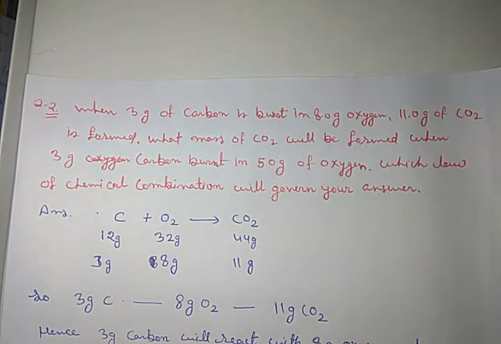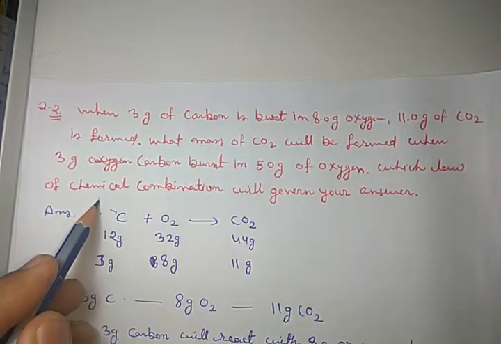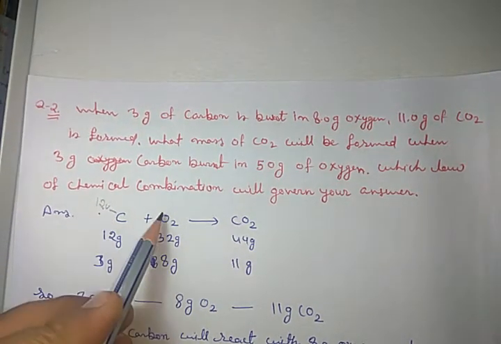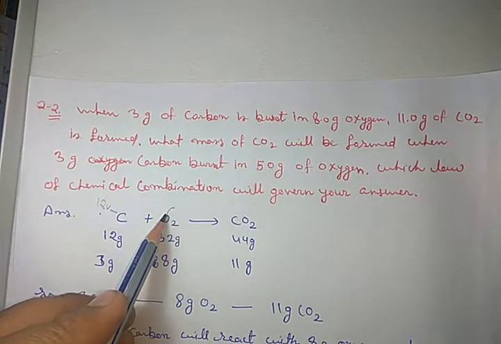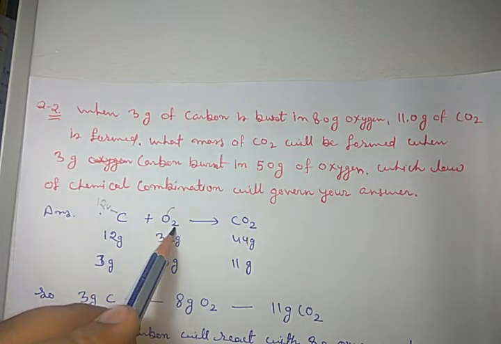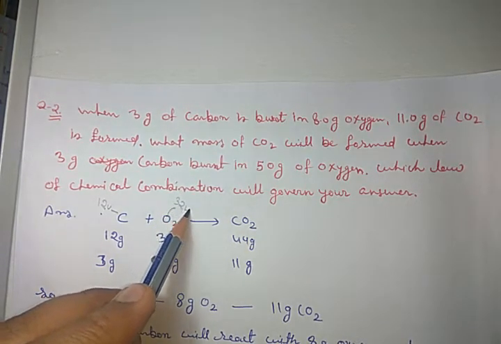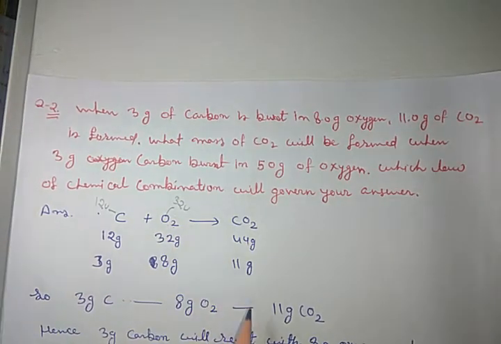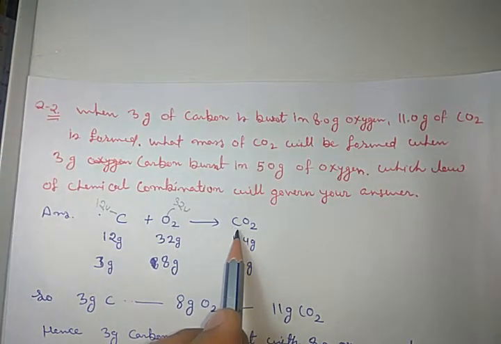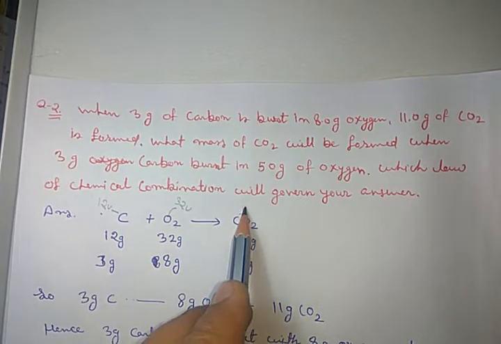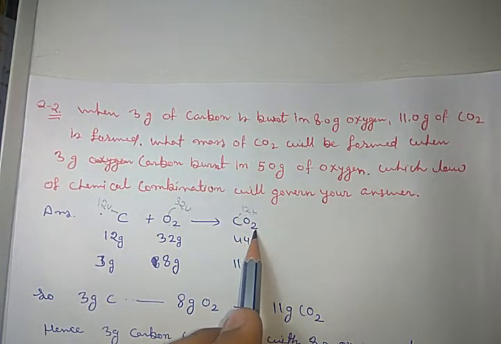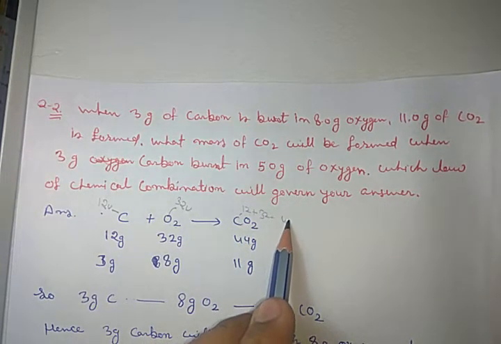Carbon and oxygen react and make carbon dioxide. If we consider their masses, you know that the atomic mass of carbon is 12 u, and the atomic mass of oxygen is 16, in 2 atoms, so 16 into 2, that is 32 u, the molecular mass. Now if they combine and make carbon dioxide, that is 12 plus 16 and 16, that is 44 u.